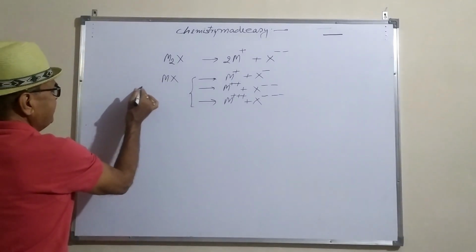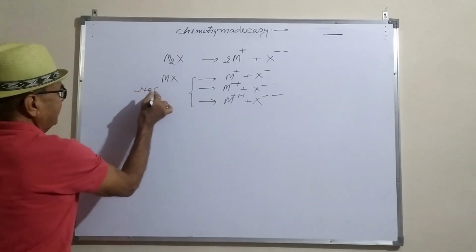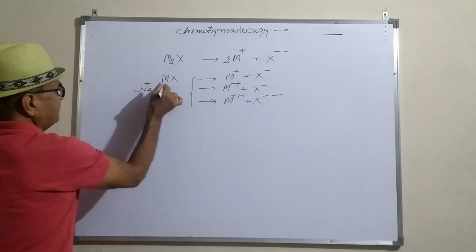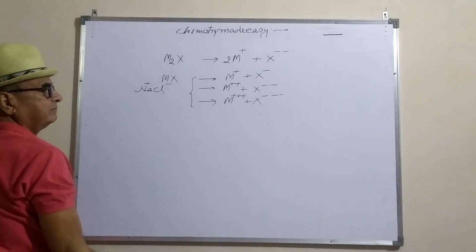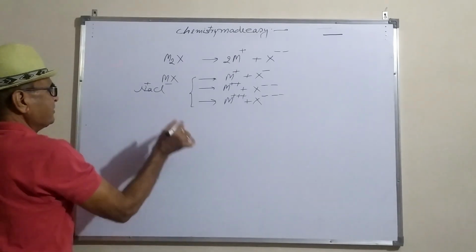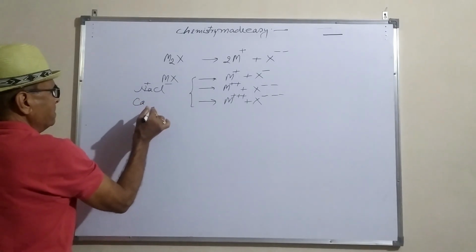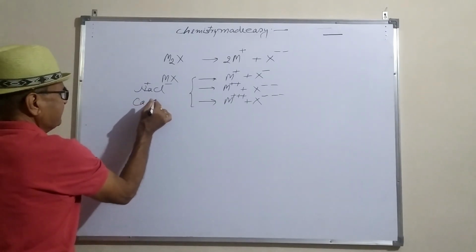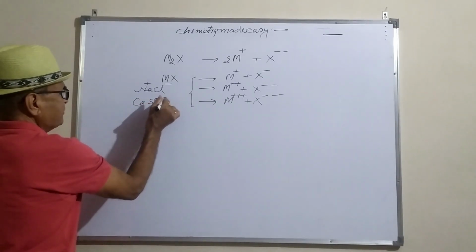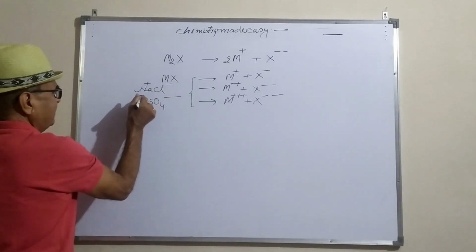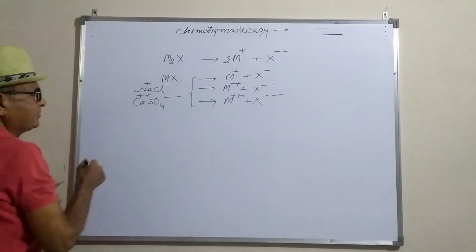Suppose this is NaCl, Na positive, Cl negative. Next, calcium sulfate, SO4 double negative, calcium double positive.